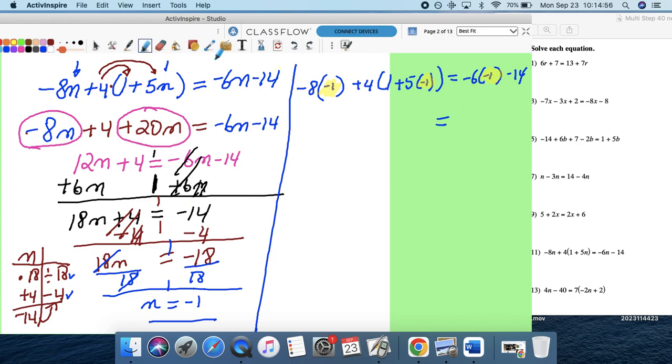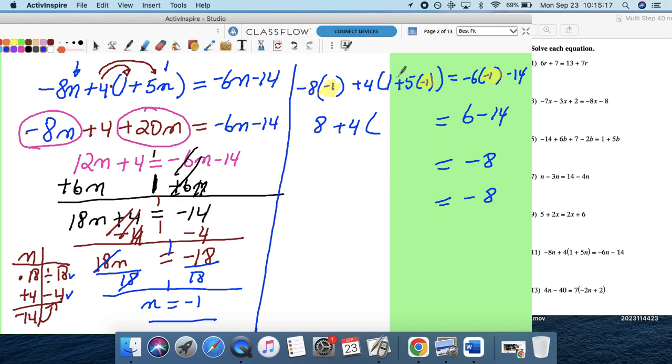So on the right side, let me just do this. Negative 6 times negative 1 is positive 6, minus 14. And I get negative 8. So as long as your left side is also negative 8, we're good. Negative 8 times negative 1 is positive 8. Plus 4. Inside the parentheses, we have 5 times negative 1, which is negative 4.